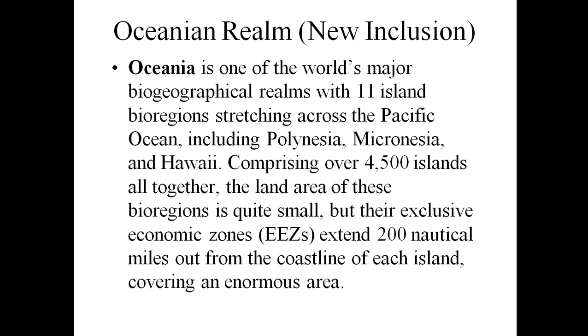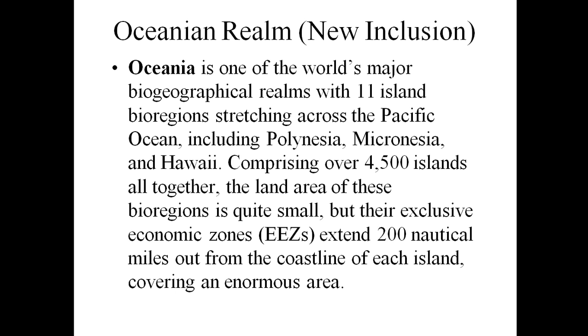Oceania is one of the world's major biogeographical realms as of now because it has 11 bioregions, especially in the Pacific Ocean. This group of islands is known as Polynesia, Micronesia and Hawaii.